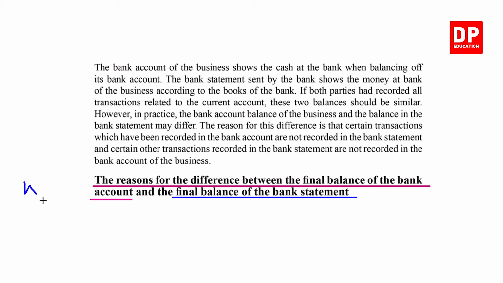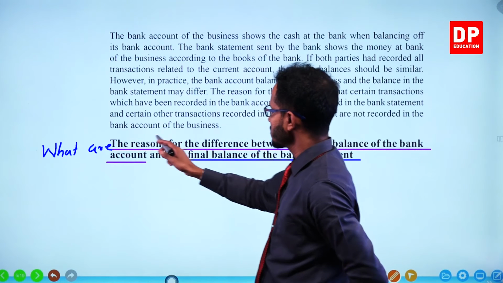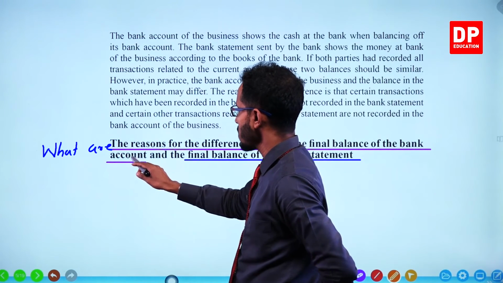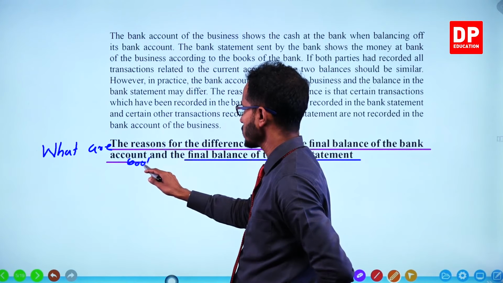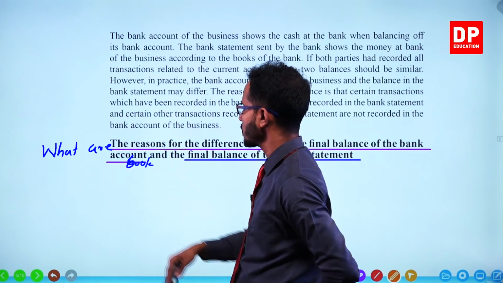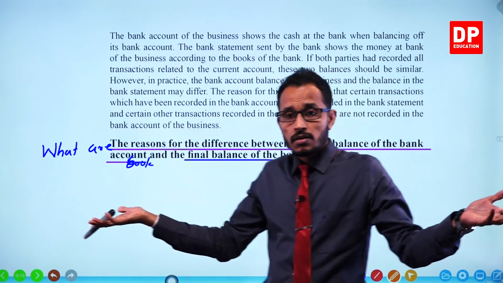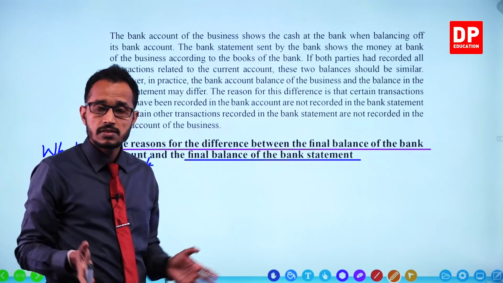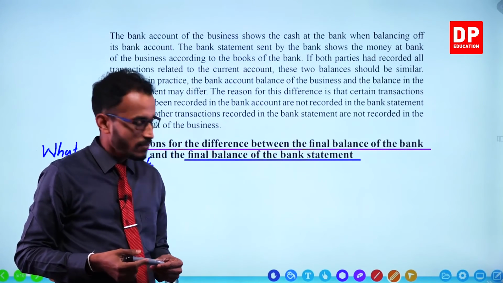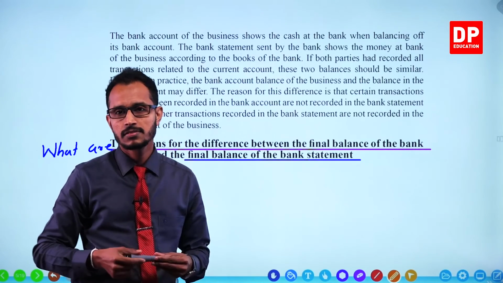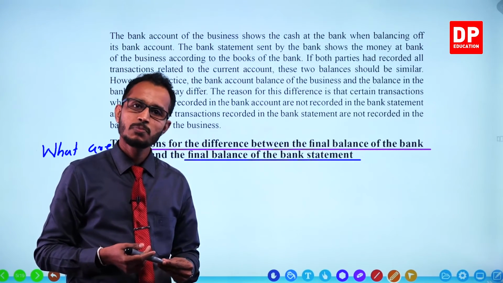I'm just going to add these words: what are the reasons for the difference between the final balance of the bank book, our bank book, and the final balance of the bank statement. Do you know what the reasons are? We are going to find out, and we are going to rectify, adjust, and do what is necessary to make the balances equal.